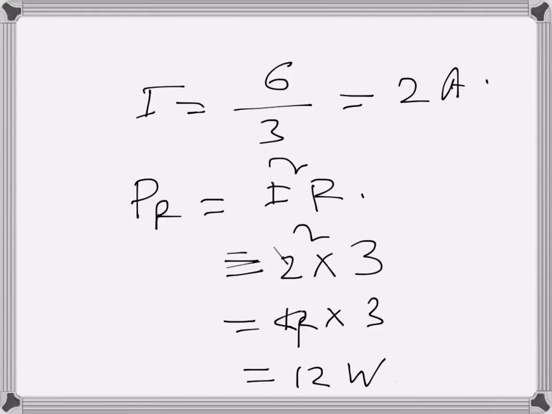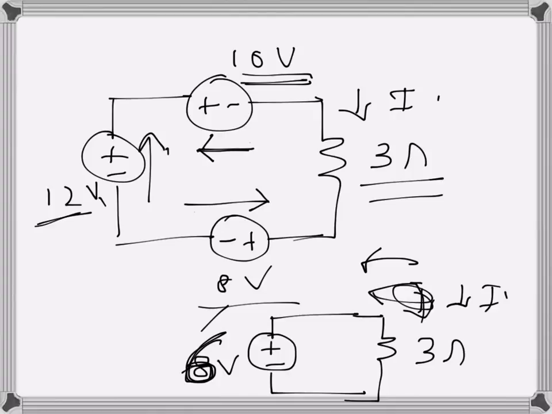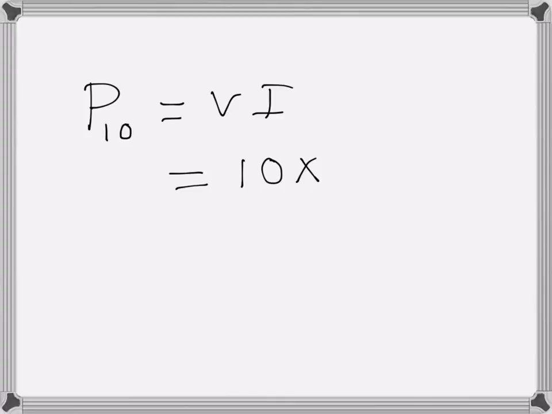Now for each supply voltage, the power supplied by this one, the 10, I will write like that, the power supplied will be VI, where V is 10 and I is 2, so that's 20 watt.